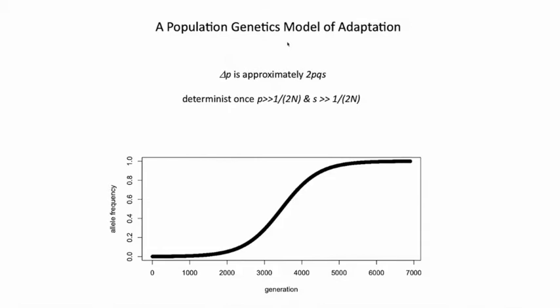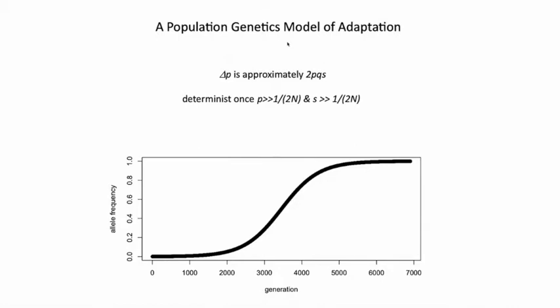Once the allele frequency is bigger than 1 over 2N, and the selection coefficient is bigger than 1 over 2N, it is roughly deterministic, and we expect to see that allele, as long as S stays constant, go to fixation. And so this is the standard Fisher model we all learned about.